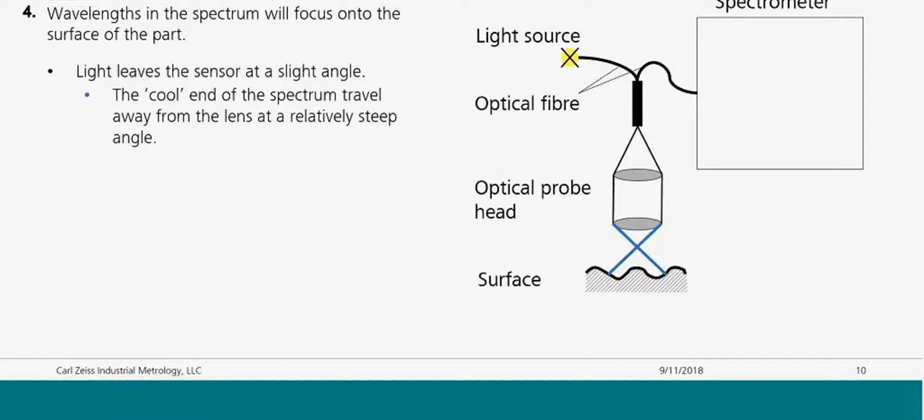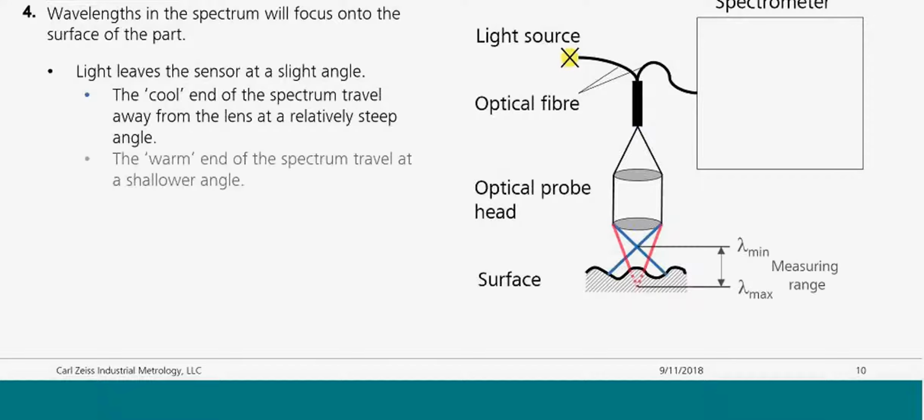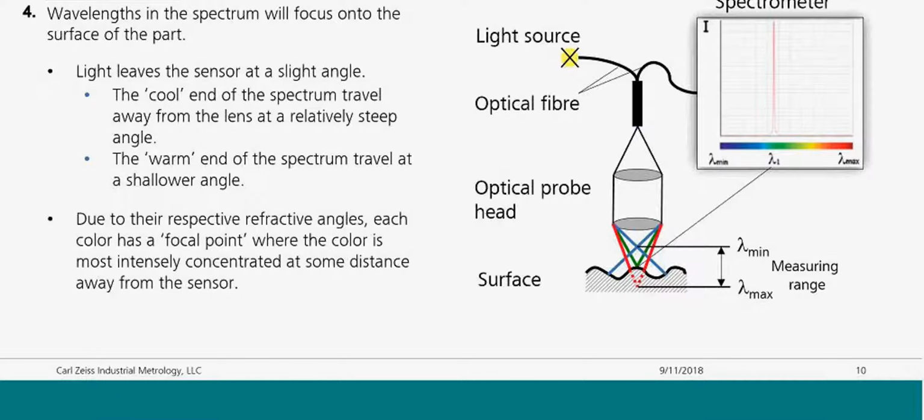You can see here in the example, the blue light is angled very sharply underneath the sensor, whereas red light will have a more shallow angle leaving the sensor. So the difference between where the blue light versus the red light is in focus gives the working distance of the sensor, the area where it can measure.